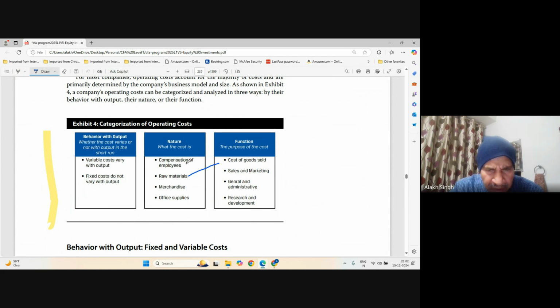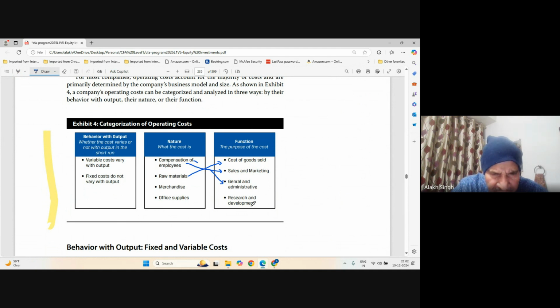Yes, it can be part of this because salespeople are also employees. So compensation to employees becomes this part and this part. General and administrative, this part only. This becomes this part also, general and administrative, because they are also employed.